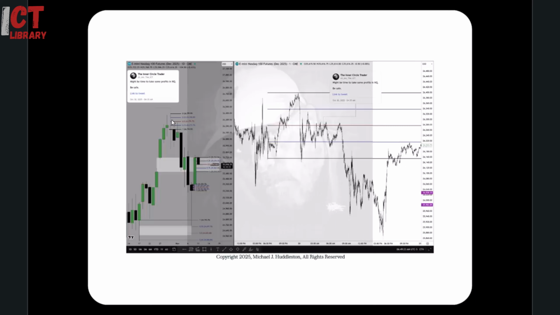When everybody gets opinionated, one-sided, and all the focus is on one individual market, you're really close to an important high. Knowing that and applying it to the things I'm teaching you here, with premium discount, consequent encroachment, equilibrium ideas, and how the daily candles form, like we're seeing here.